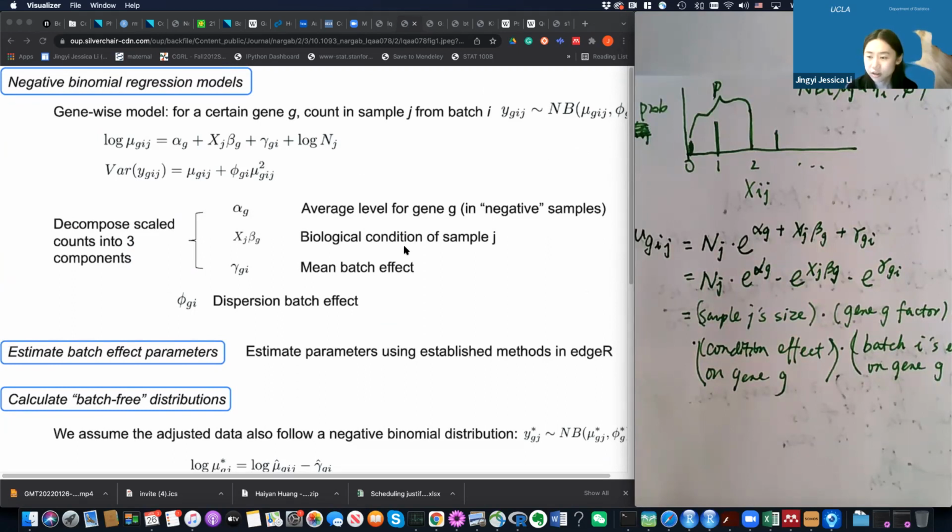Also, the negative binomial and Poisson have some mechanistic interpretation. For example, if your sample is just one biological sample and you do sequencing multiple times, then the counts you get for one gene should theoretically follow a Poisson distribution because of the sampling process. And if you believe there is additional variation in your sequencing samples before you load them onto the sequencing machine, then that additional variation can be fit by a negative binomial.